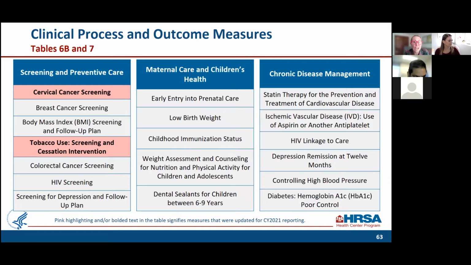The measures can be categorized in these 3 broad categories: screening and preventive care, maternal care and children's health, and chronic disease management. I want you to know that there were 90-minute webinars on each of these that dug deeply into these measures.